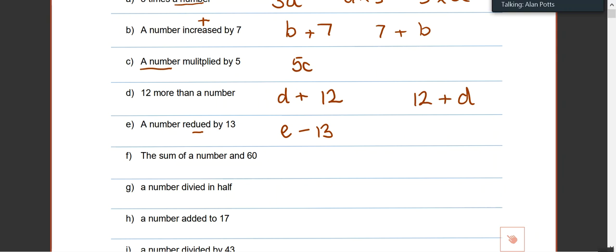Yeah, so if I said you've got $10 and I subtract 7, you've got 3, but if we do it the other way round, you owe me 3. Well, that sounds awesome. Micah? F plus 60. So sum of means to add, yeah? So let's do F plus 60, or 60 plus F.